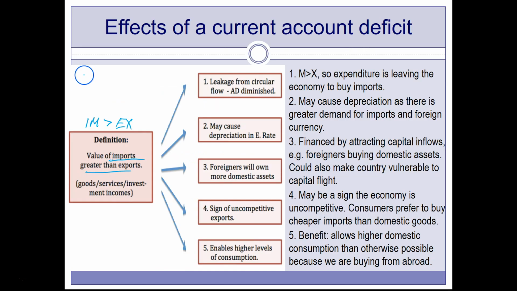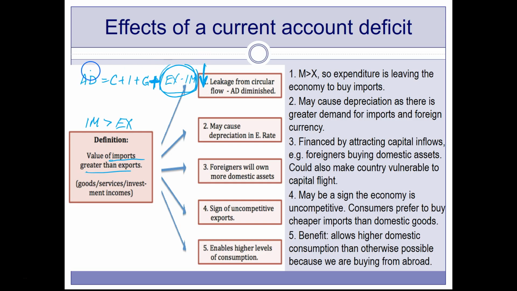In other words, if you recall the formula for aggregate demand, consumption plus investment plus government expenditure plus net exports, which is the difference between exports and imports. When imports are greater than exports, this whole term in brackets will be negative. So instead of adding something to aggregate demand, we will remove some amount from it.